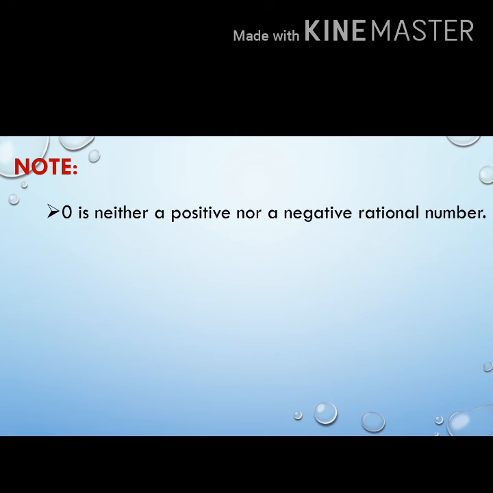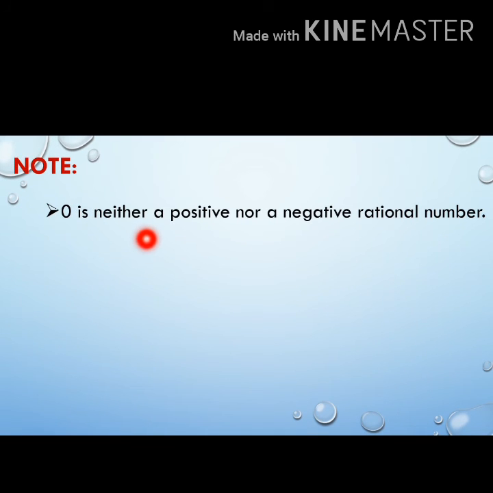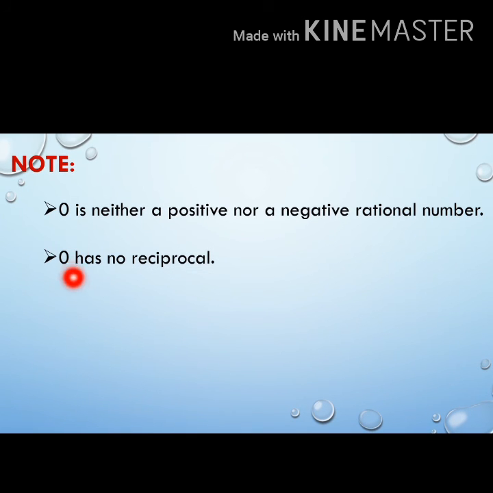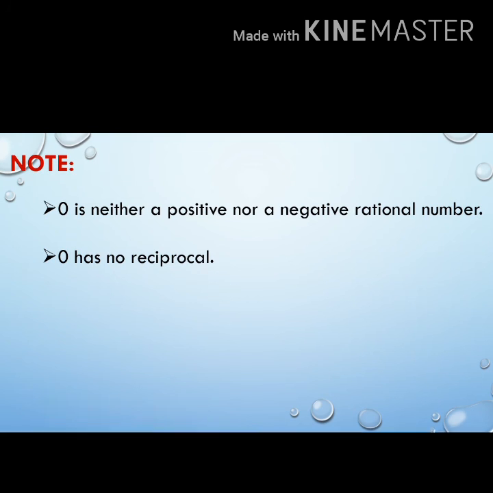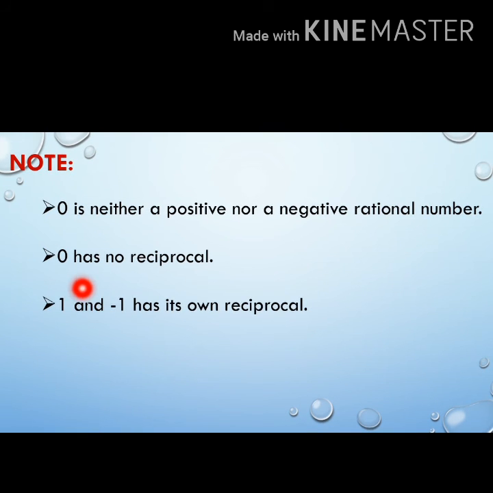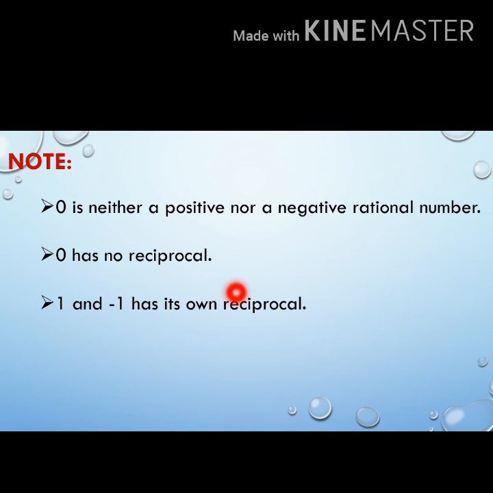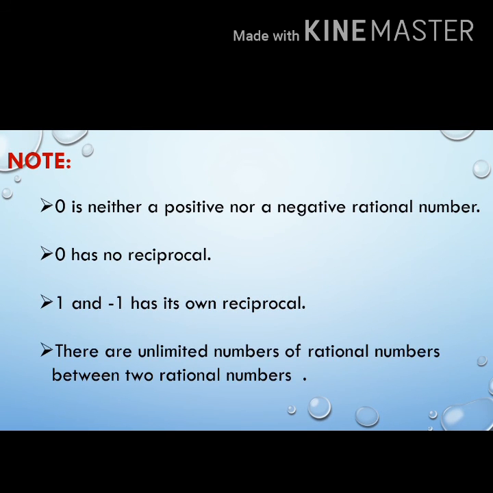Students, I have given some important notes. These may be asked in one words. 0 is neither a positive nor a negative rational number. 0 has no reciprocal. 1 and minus 1 have their own reciprocal.